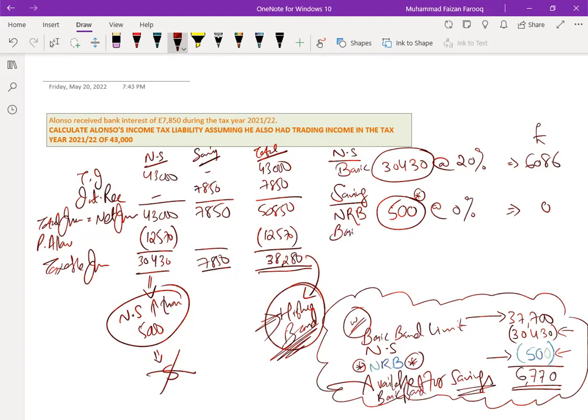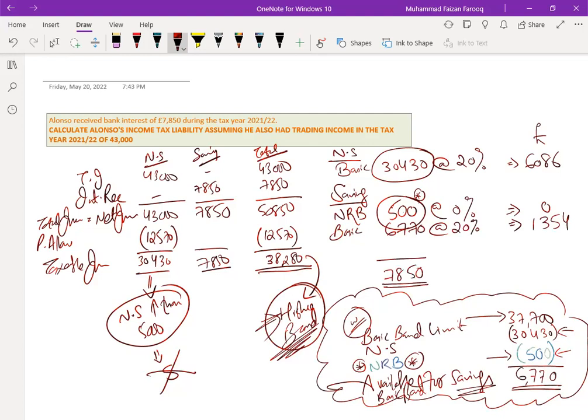So the basic band has 6,770 of space for savings income, taxed at 20%, which is 1,354.